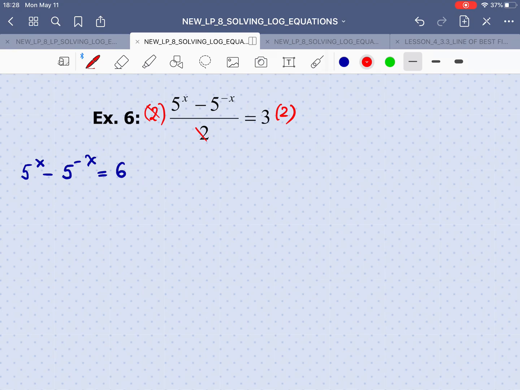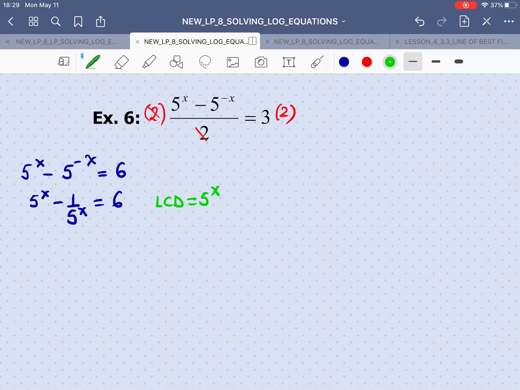All right, then. So the next thing that we're going to do is convert the negative exponent into positive. So 5 to the x, minus 1 over 5 to the x equals 6. And now we're going to eliminate this denominator by multiplying both sides of the equation by the lowest common denominator.